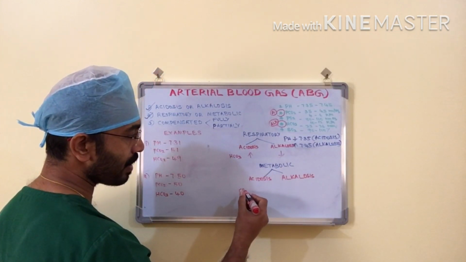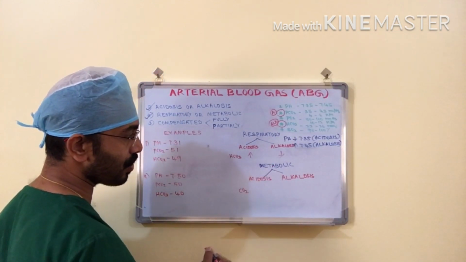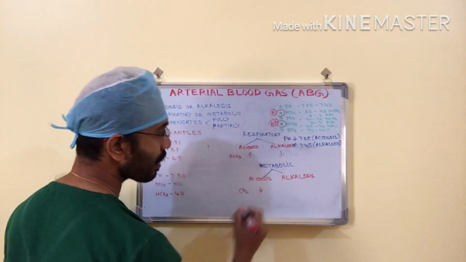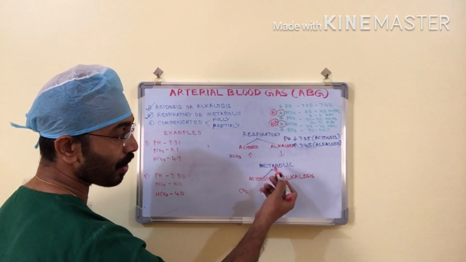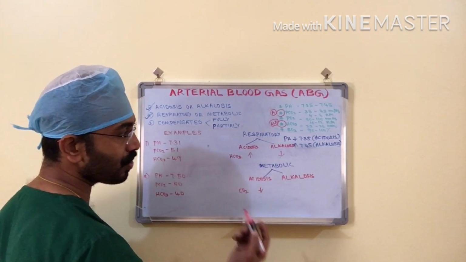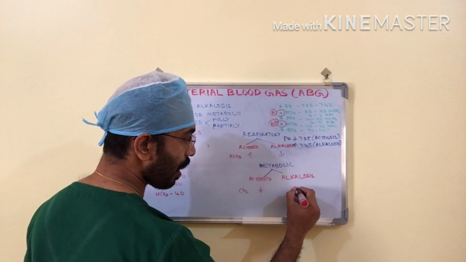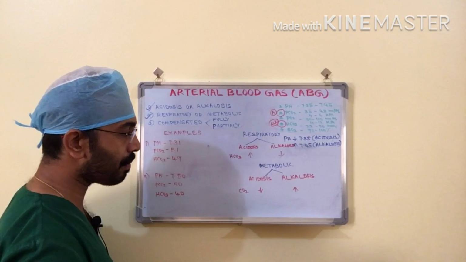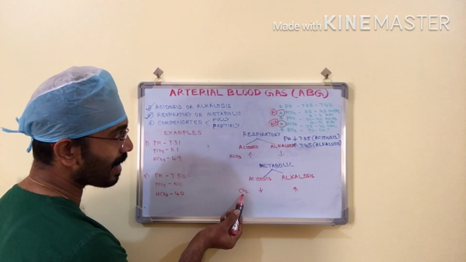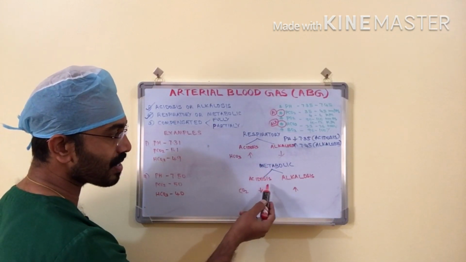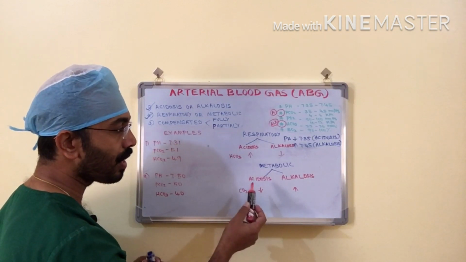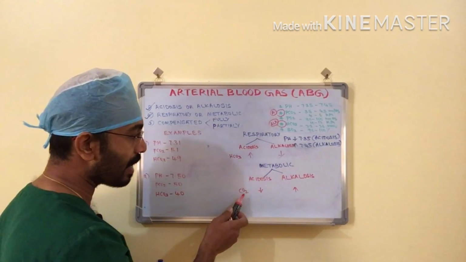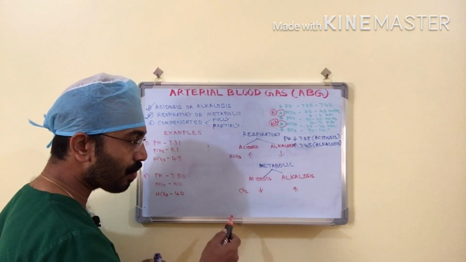So during metabolic acidosis, the CO2 will come down, and during metabolic alkalosis, the CO2 will go up. The important thing to remember is that CO2 is an acid. During acidosis, the body will try to decrease the acid, so the CO2 will come down.